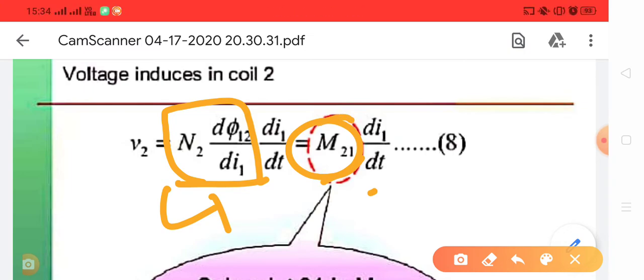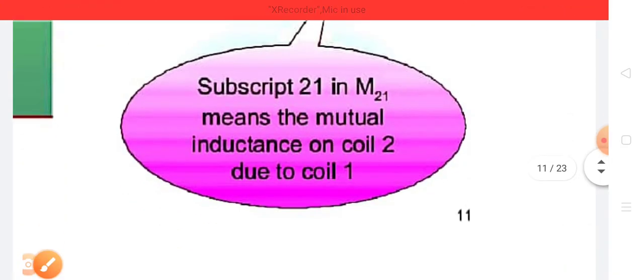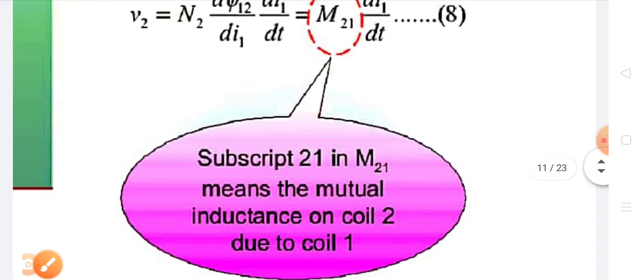So V2 equals M21 into di1/dt. Here the subscript 21 means the mutual inductance in the second coil due to the effect of the first coil.